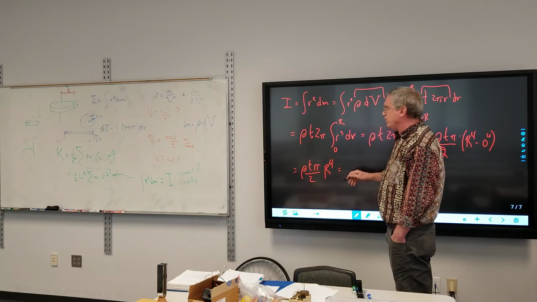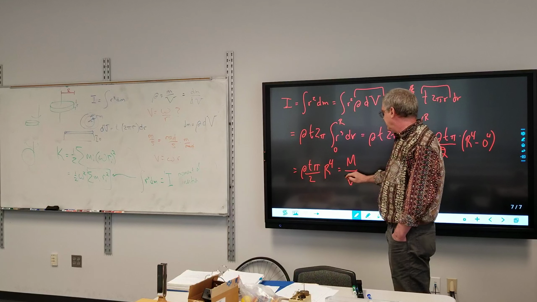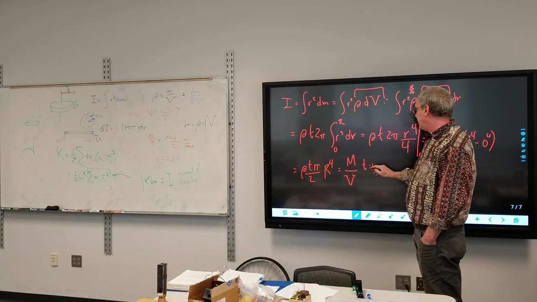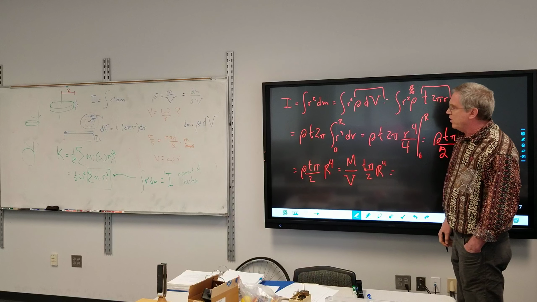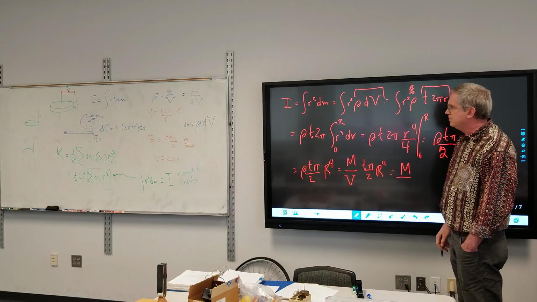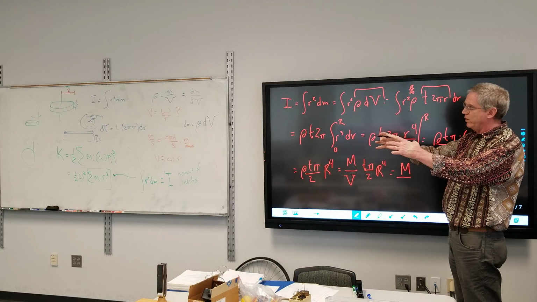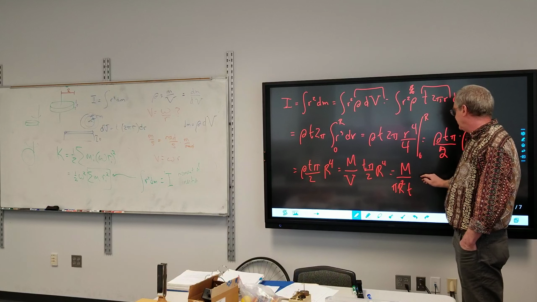So that's equal to the total mass divided by the total volume, times t pi over 2 big R to the 4th. The mass of the whole thing we'll just call big M. The volume, well, it's a cylinder, so it's the volume of one of the circles times the thickness. So that is pi big R squared times the thickness t.